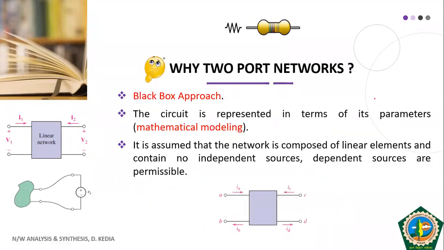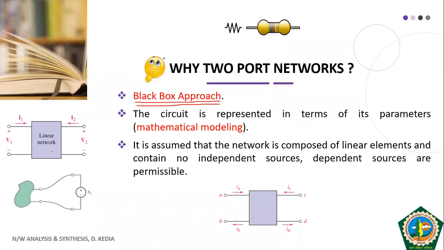So students, after discussing the concept of one port network and two port network, we need to basically understand why we are studying this topic of two port networks, or what is the significance of having two port networks. As I told you in the previous slides also, by giving an analogy, this two port network approach is a kind of black box approach.